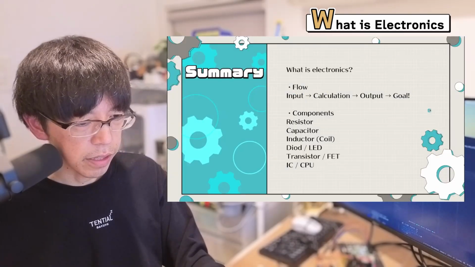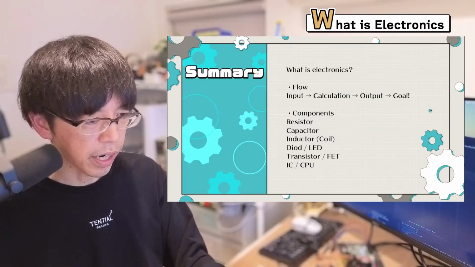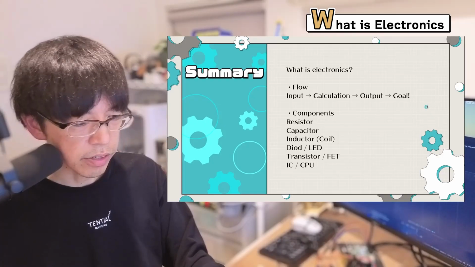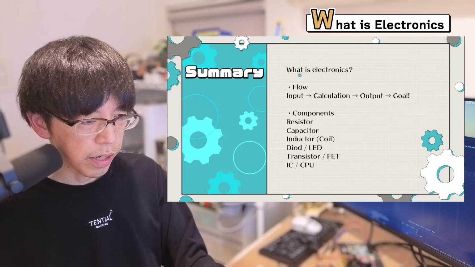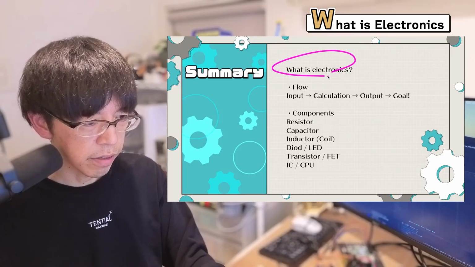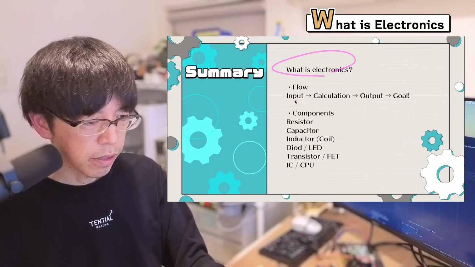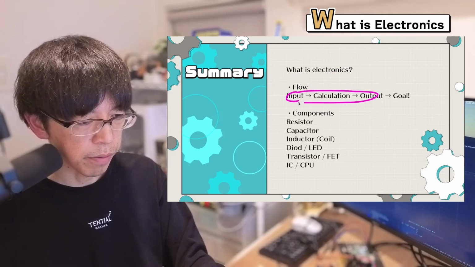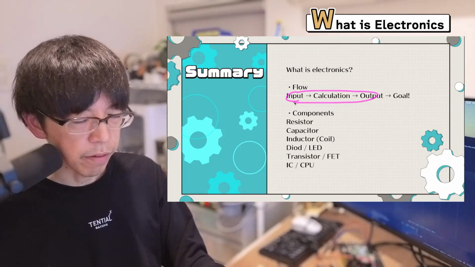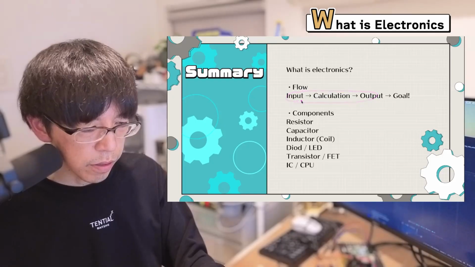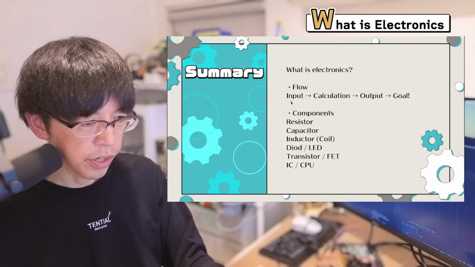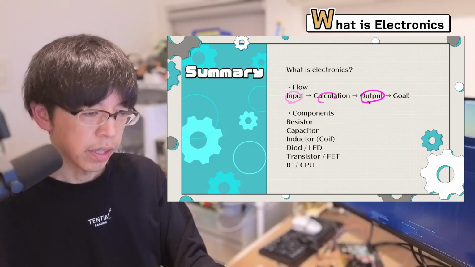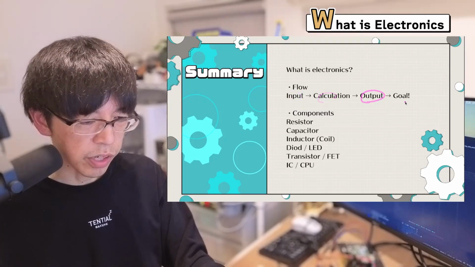Okay, and let me summarize today's slides. Today's question was: what are electronic components? My answer is here. The flow is in these three steps: input and calculation and output, and then finally you can achieve something.